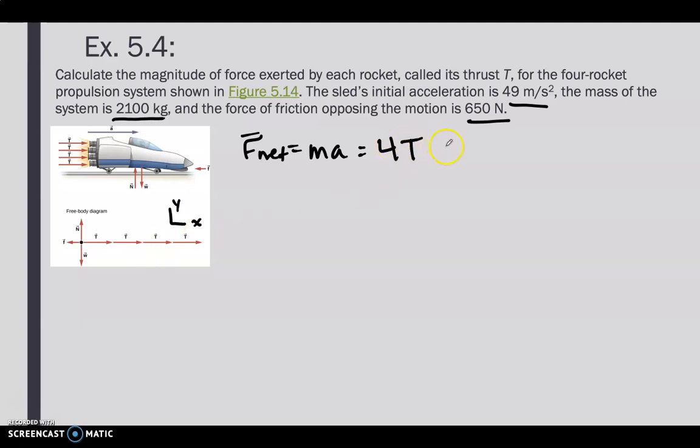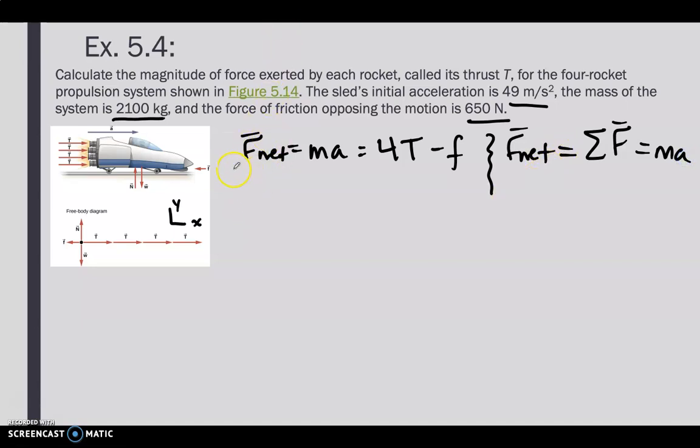And then I have minus F, my frictional force. Okay, so this is the equation that we will be using in order to solve this problem. Remember that F net is equal to the sum of all forces, equals mass times acceleration.